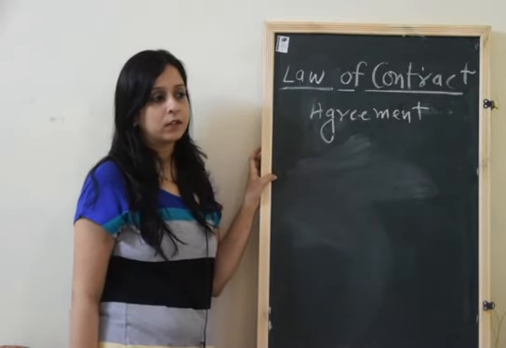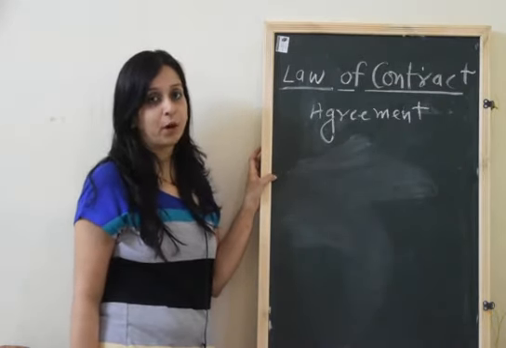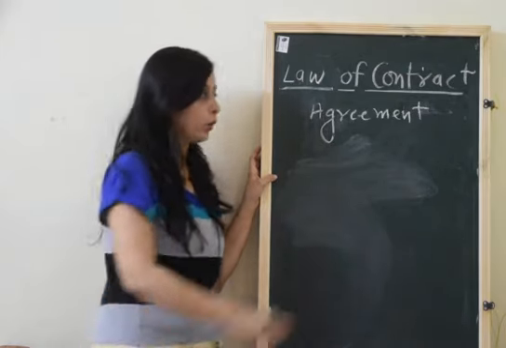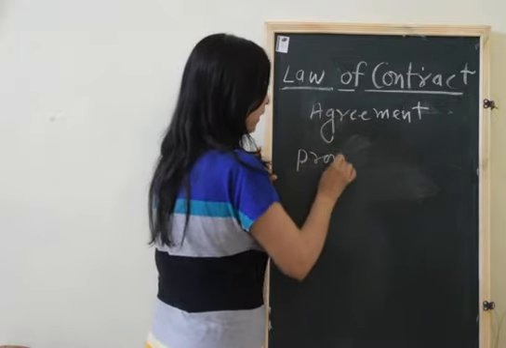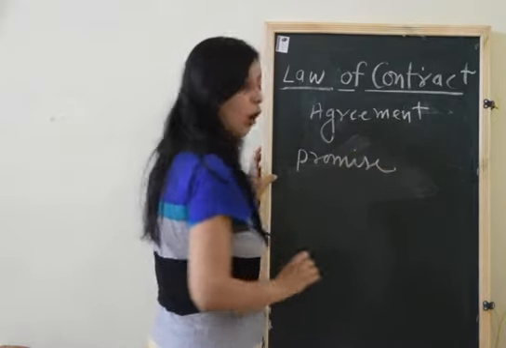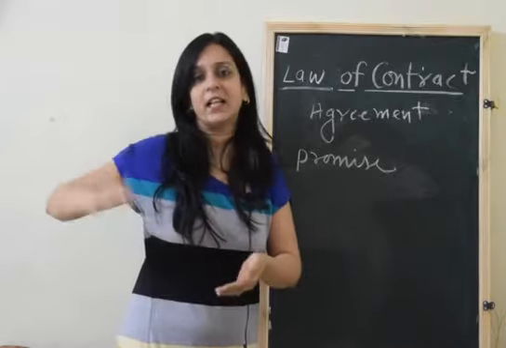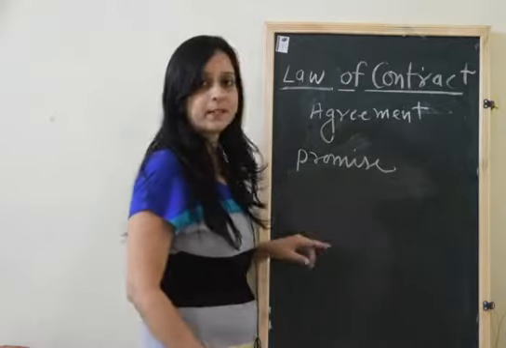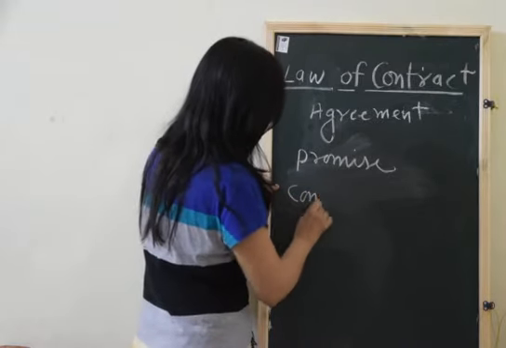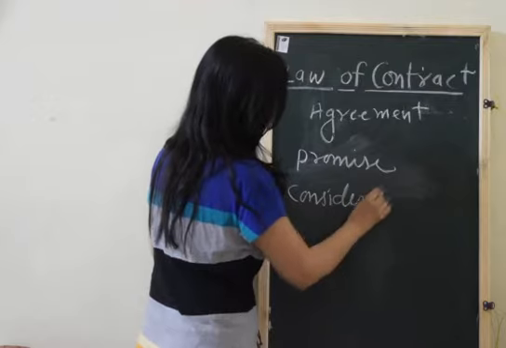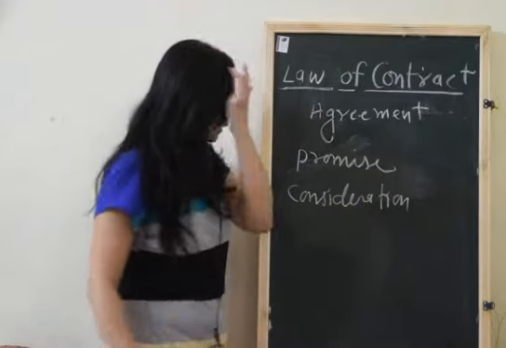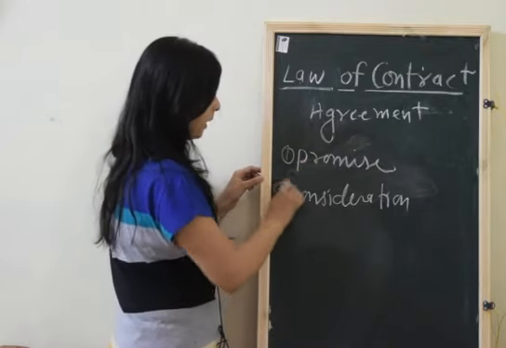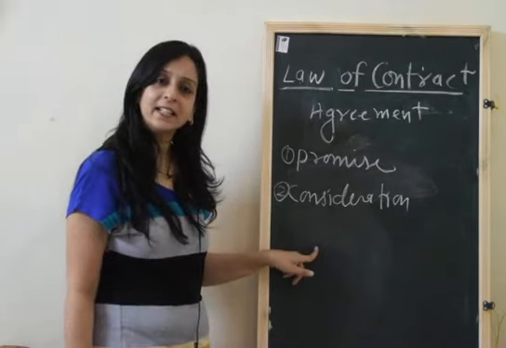It talks about a promise or a set of promises forming consideration for each other is called an agreement. So there are two important parts of an agreement, promise and consideration.